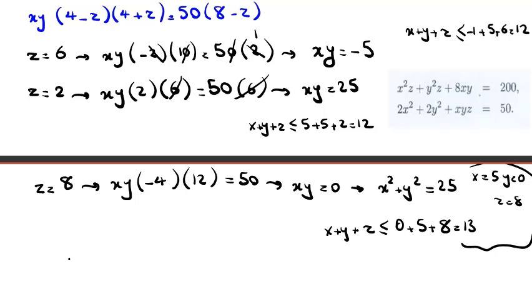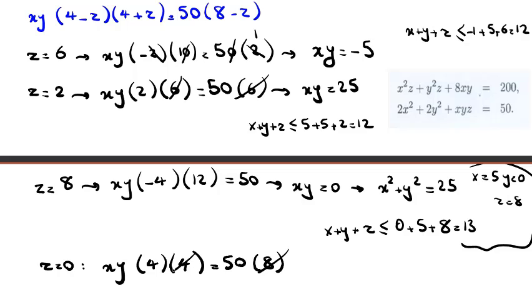Let's consider where z is 0. If z is 0, then xy 4, 4, 50 times 8. We cancel 8, 2, and then 2, 25. And then xy is 25. So the first equation will be correct. The second equation, x squared plus y squared is what? 50 over 225.